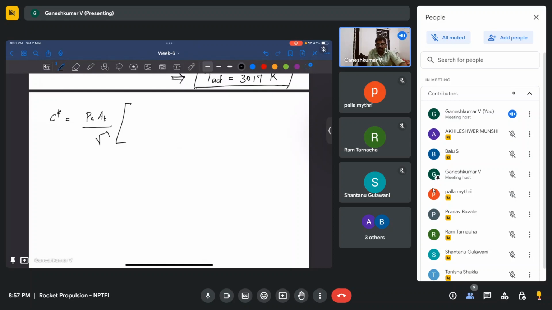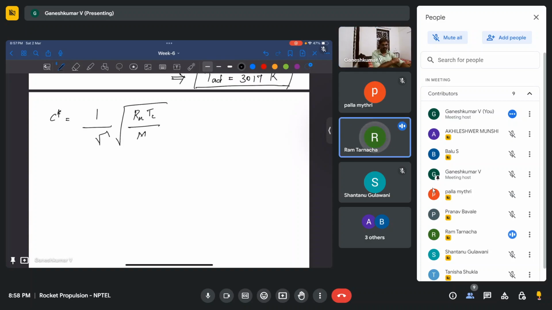Let me just quickly take a look at it. So we can simply write C star as the square root of R T_c, divided by gamma. R is Ru by molecular weight, and the whole thing is divided by gamma.